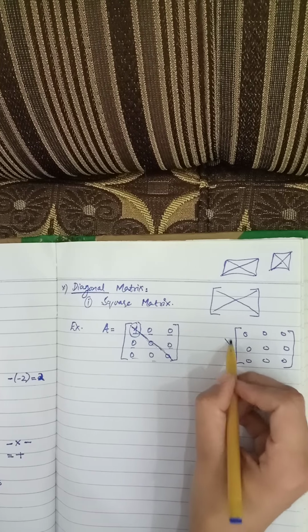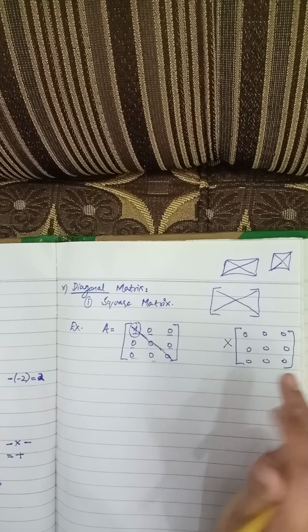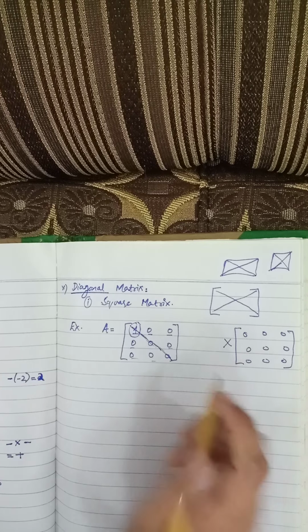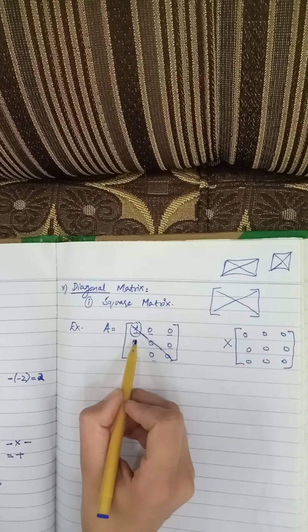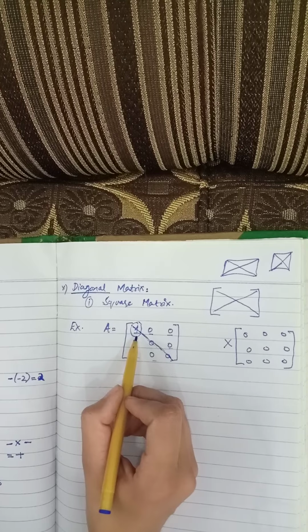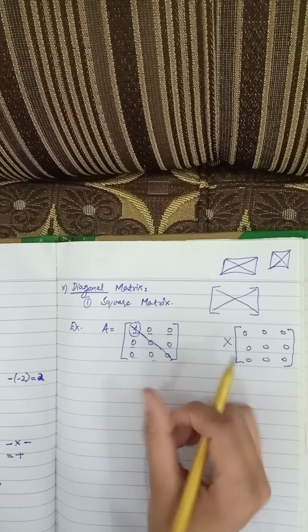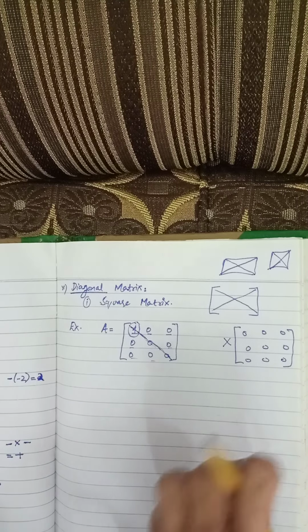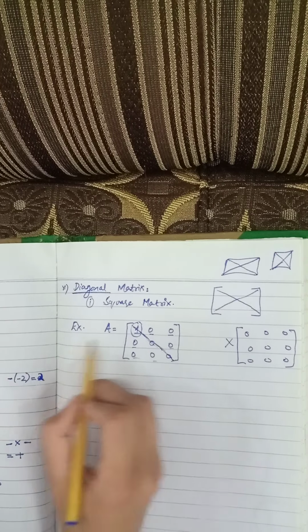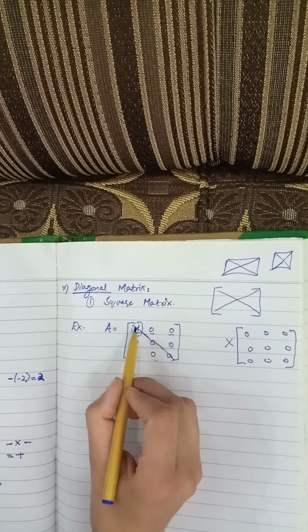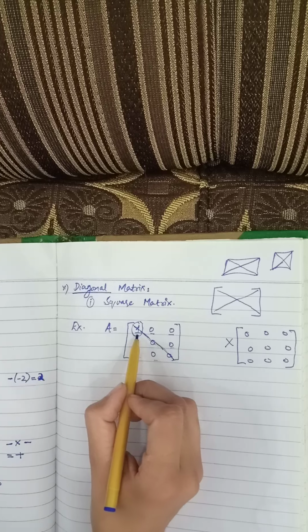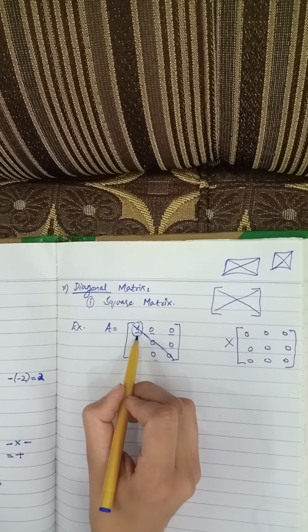It would not be like this. This is not a diagonal matrix, it's a null matrix. In the diagonal, there must be one entry which is not 0, like 1, 2, 3 or else, but not 0. In this diagonal, 1 is the entry which is not 0.